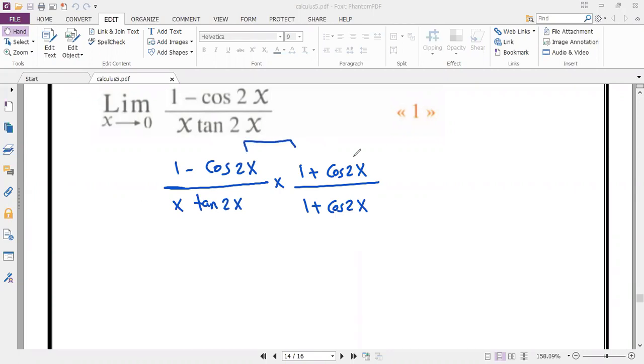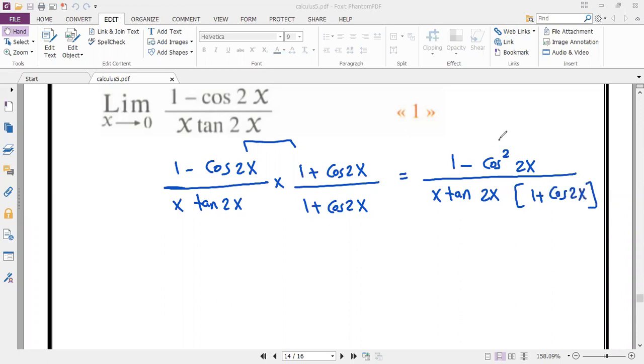If we multiply them, you will get 1 minus cosine squared 2x, divided by x tan 2x multiplied by 1 plus cosine 2x. You know 1 minus cosine squared 2x is going to be what? It's going to be sine squared 2x, all divided by x tan 2x.